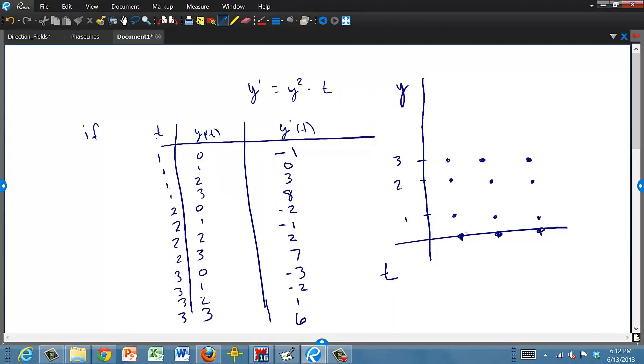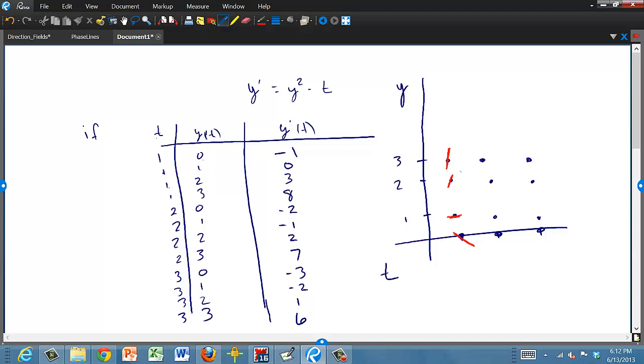We know if a solution goes through 1, 0, the solution will have slope negative 1. So like that. If a solution passes through the point 1, 1, it'll have slope 0. So any solution passing through this point will be staying flat. If it goes through 1, 2, it'll be headed up with slope 3. And if it passes through 1, 3, it'll be going very steeply up.